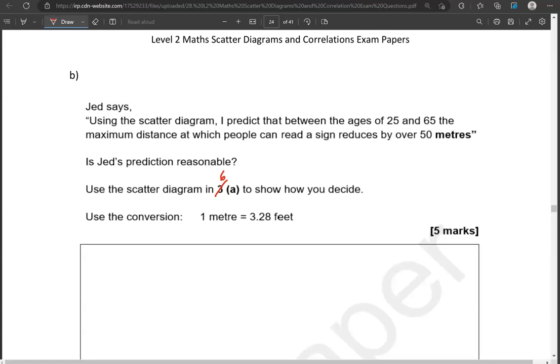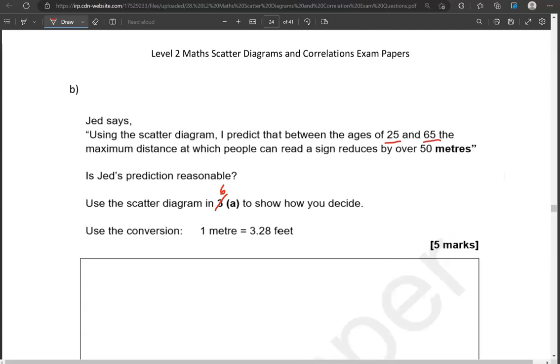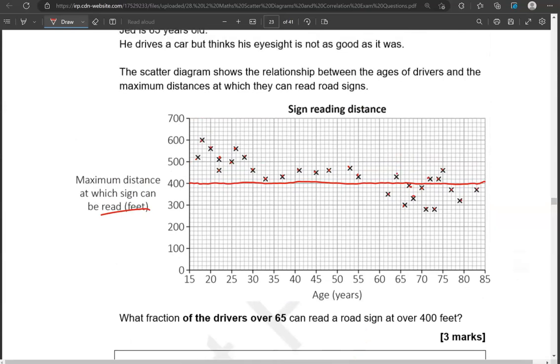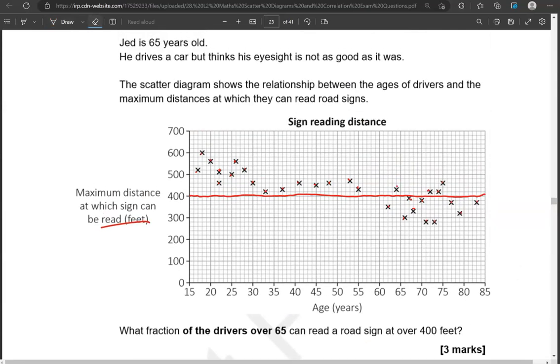So we're going to predict the distances for these two ages, 65 and 25. For that, I need to draw the line of best fit. So 25 is here and 65 is here. So that is 520.